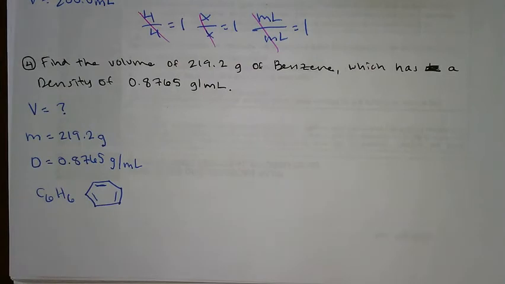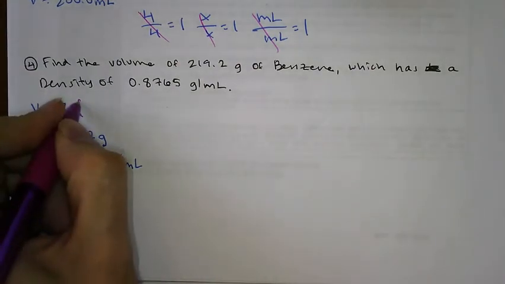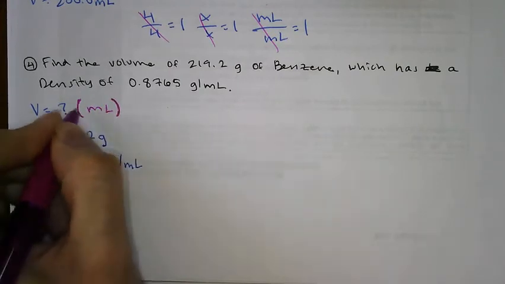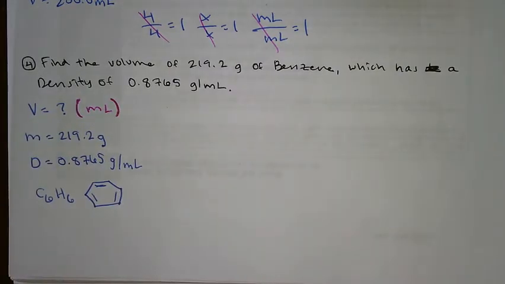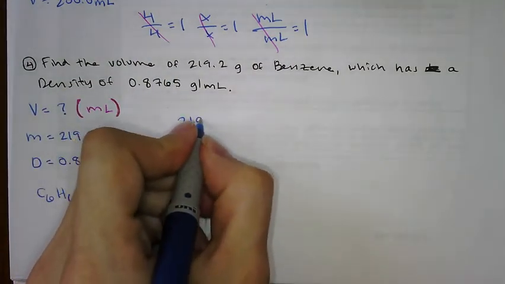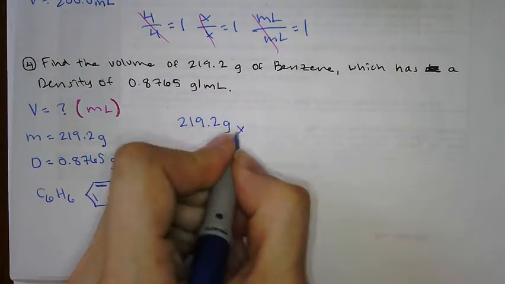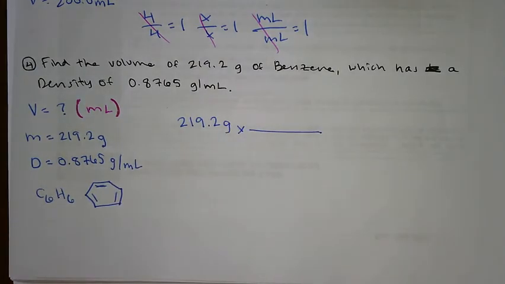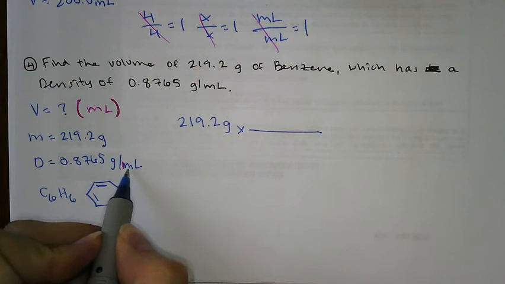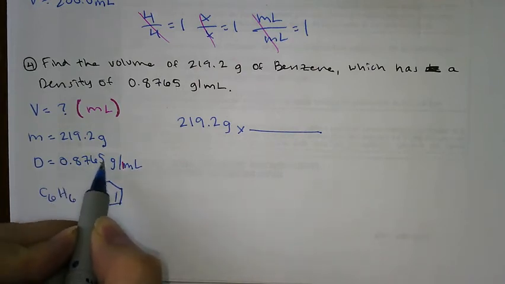So this time we are solving for volume. We measure volume in milliliters. So when I'm all done, I want to have milliliters be my only unit left. I know that this benzene has a mass of 219.2 grams. That's a unit I want to cancel out. I want that gone. All right, I can use my density to make that happen. So for every 1 milliliter of benzene, if I took 1 milliliter of benzene and put it on a balance, it would have a mass of 0.8765 grams.